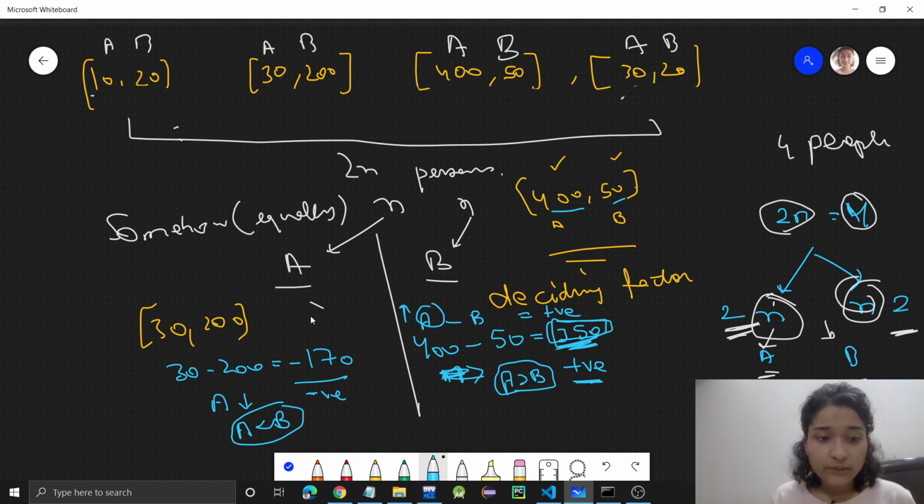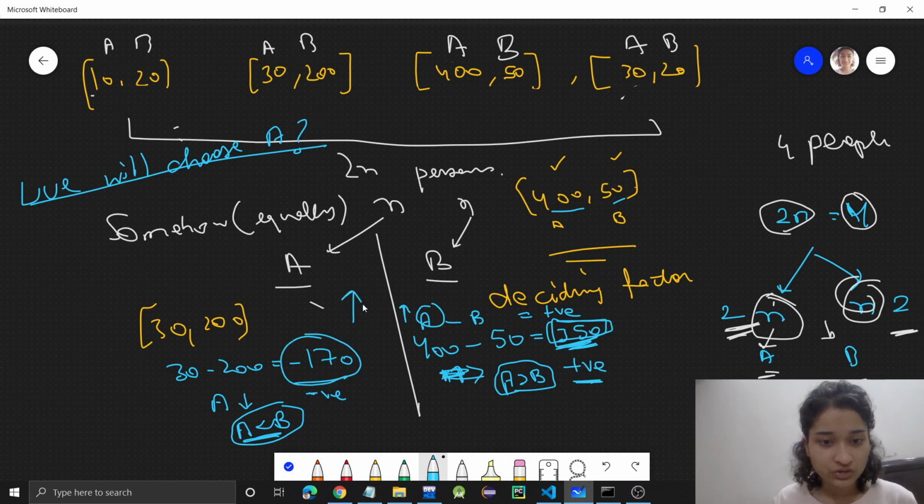Now, on what basis will we choose A? See guys, we will find out this difference between these. And if the negative value is very large, like minus 170, let's say minus 540, this is a very large negative value, meaning A value is very less and B value is very large.